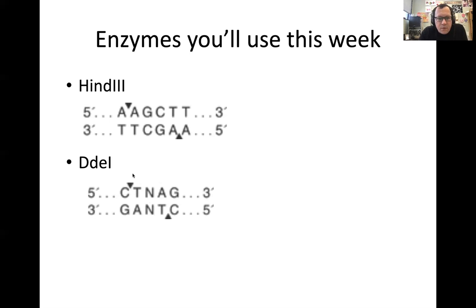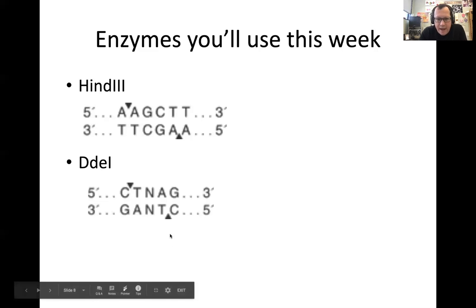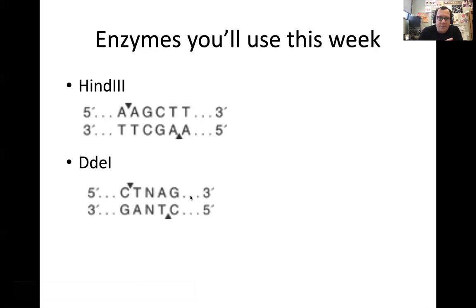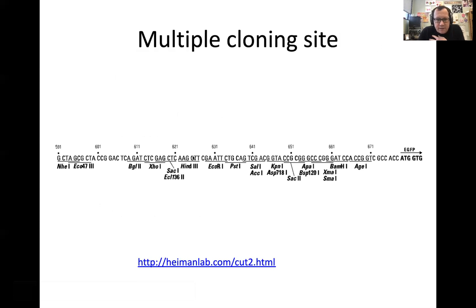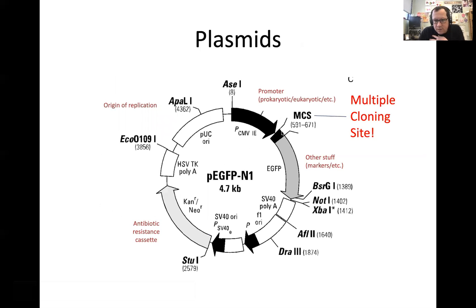And so this is a much less selective restriction enzyme, which means that it's likely going to cut our plasmid in multiple locations. Anytime you allow some flexibility in the restriction site, it opens up places for the DNA to possibly get cut. And so I'm going to tell you, when you look at this HindIII, we know that it only cuts our plasmid once, which means we're just going to linearize our piece of DNA.